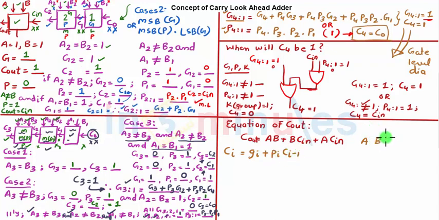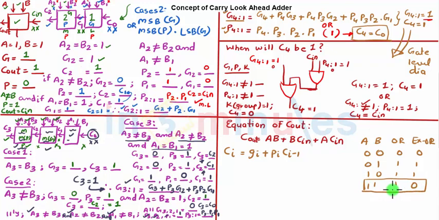Let's write the truth table for OR and XOR gate real quick. 0 0, 0 1, 1 0, 1 1. This is 0 1 1 1 for OR, and 0 1 1 0 for XOR. Now if you look at it properly, you will come to know that XOR and OR differ only in the last case in the truth table, and that's the case when my A is 1 and my B is 1.